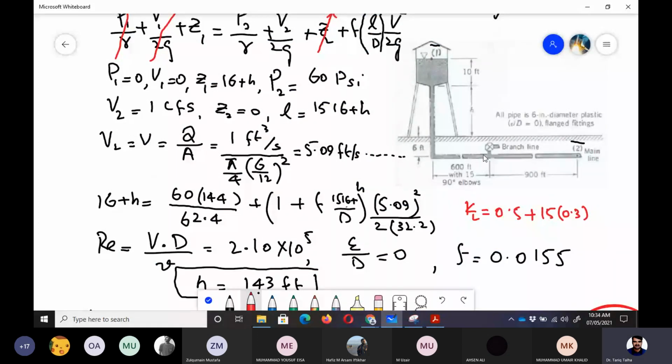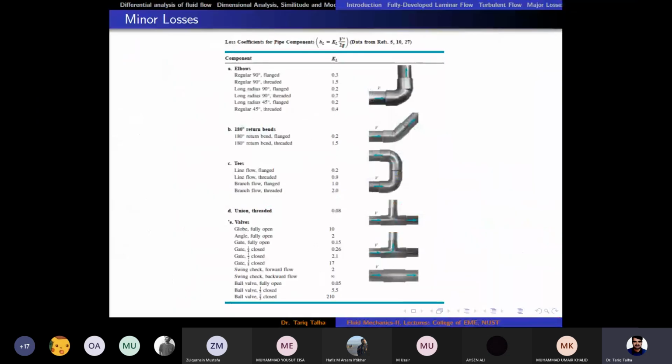Any other component? There is a kind of T here, a branch line. Even though it is closed, it is a component, so we need to also consider that. For the T, the K value for the flanged one is 0.2.